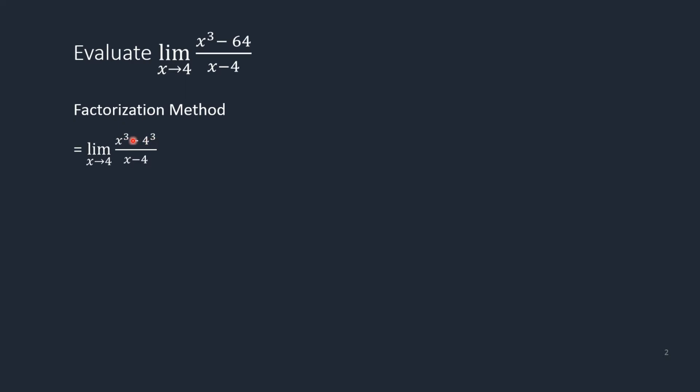Now the numerator is a difference of two cubes, which is an identity and goes like this: a cube minus b cube equals a minus b into a squared plus ab plus b squared. Now how to remember this? So a is the cube root of a cube, b is the cube root of b cube. So the first factor is the difference between a and b. The second factor has three terms.